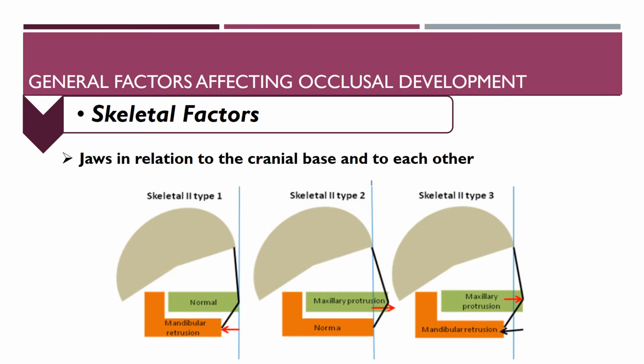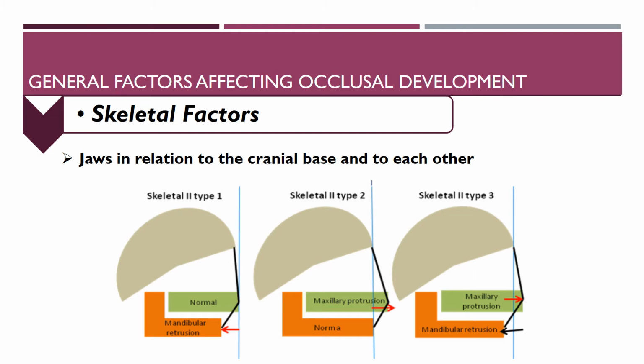While in skeletal class 2 pattern, the lower jaw is protruded in relation to the cranial base with normal positioning of the maxilla, and this is named skeletal class 2 pattern type 1. In skeletal class 2 pattern type 2, the normal positioning of the mandible occurs with maxillary protrusion.